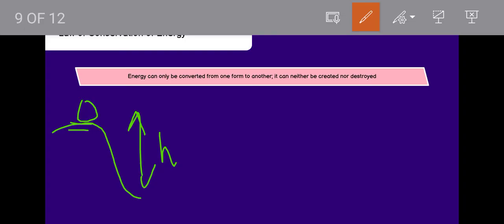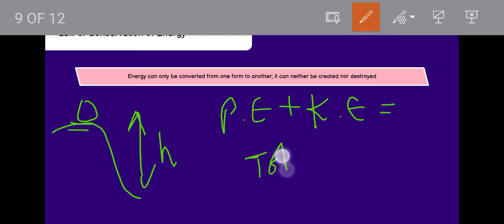Because height is the highest, potential energy will be also the highest. So the sum of potential energy and kinetic energy is known as the total mechanical energy.